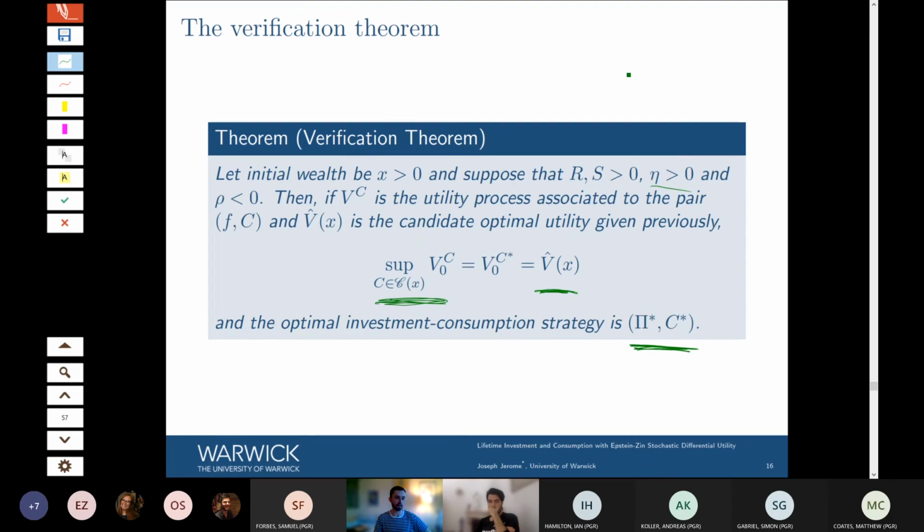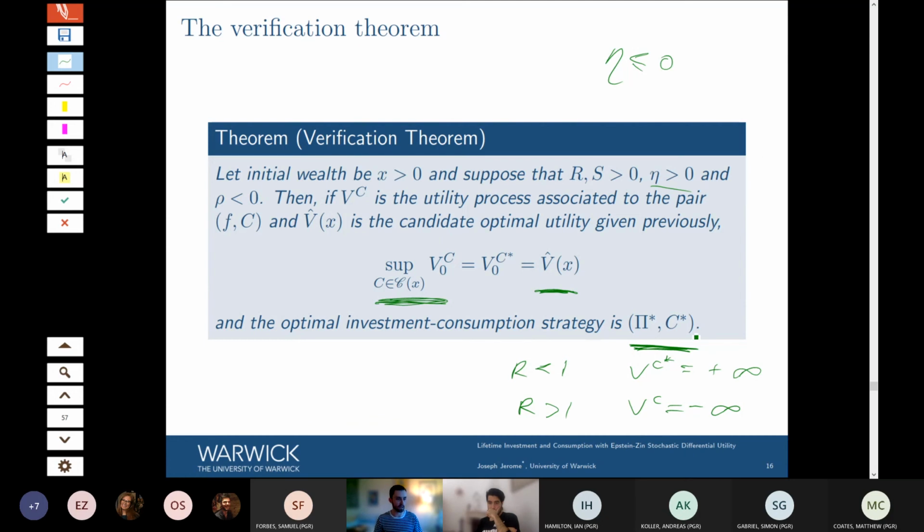And we actually show that this condition, eta positive, is minimal. So if eta is less than or equal to 0, then for R less than 1 we can find a number of strategies which give us positive infinite utility, so it's not a well-defined problem. And if R is greater than 1, then the value of the problem is equal to negative infinite utility for all consumption streams. So that's a nice if and only if condition.